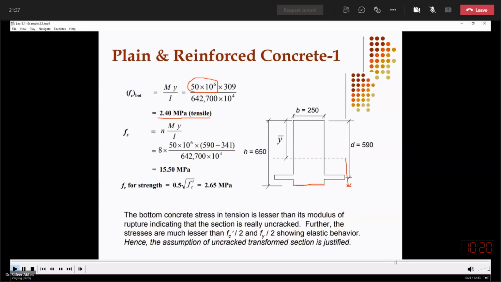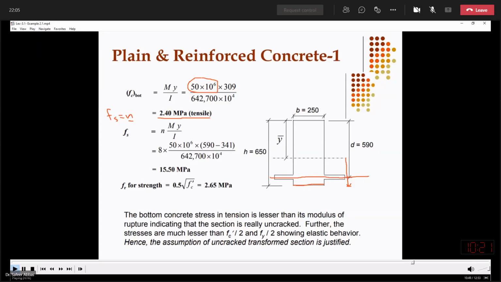Now stress at the reinforcement level. This is the reinforcement level. So we need to calculate stress at that point. So it is fs, which is actually equal to n, right? n is the modular ratio multiplied by My over I. So that will be 8.